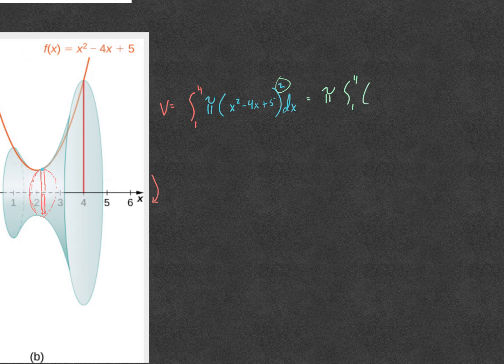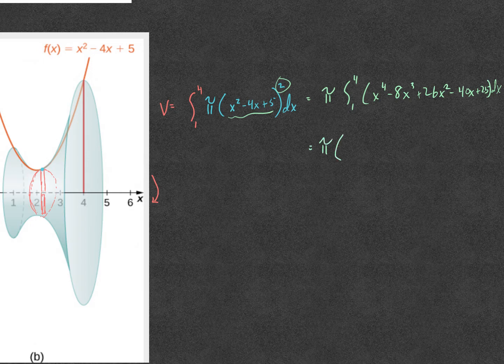And that gives us, let's see, x to the 4th minus 8x cubed plus 26x squared minus 40x plus 25, and then dx. Okay, so I got that by multiplying this trinomial by itself and just making sure I was careful in distributing all of the terms to each other. So then we take the antiderivative.